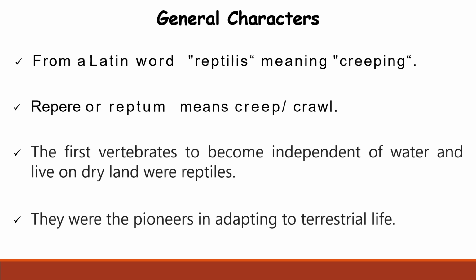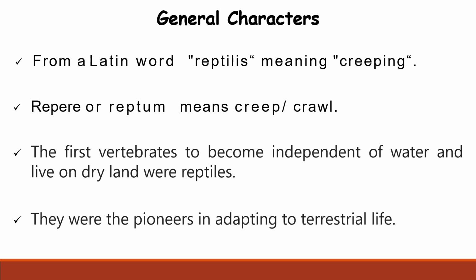The word Reptilia comes from the Latin word reptilis, which means creeping or crawling. The reptiles are commonly known as creepers or crawlers as they are the first true land vertebrates.